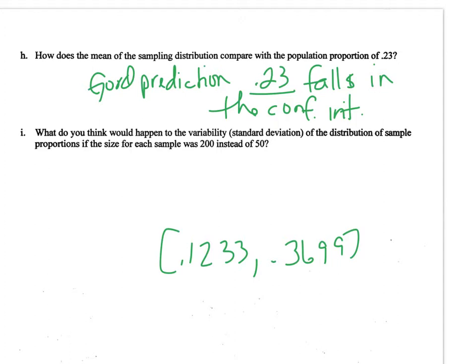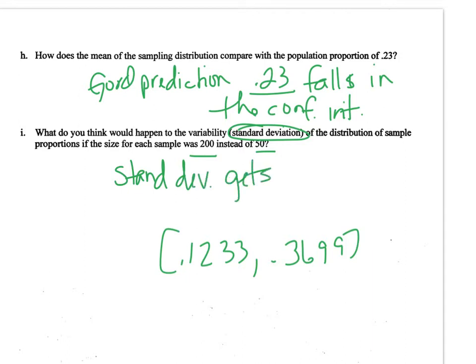What do you think would happen to the variability, the standard deviation, if the sample size for each sample was 200 instead of 50? All that means is that all the 100 people who came in for extra help, because that's really an accurate number right there, rolled the die 200 times. Whenever you have a bigger sample, the standard deviation gets smaller.